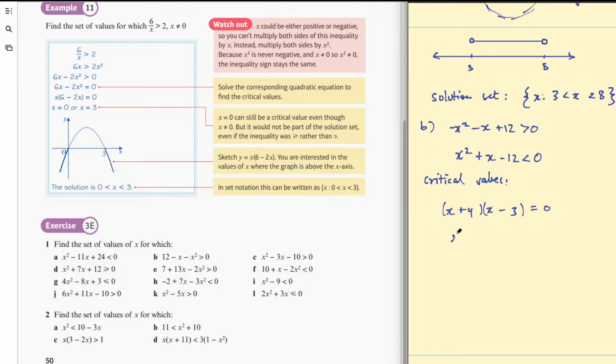So then the critical values are x equal to negative 4 and x equal to 3. And then draw your quick sketch. So we've got negative 4 and 3. And it's a negative quadratic at the start, although this one is a positive. So I've actually switched it around to be a positive quadratic, just to confuse you all.